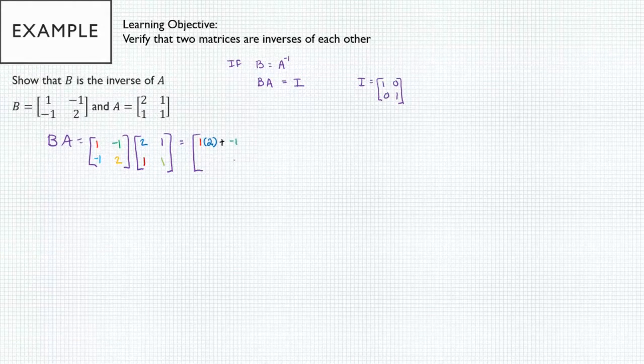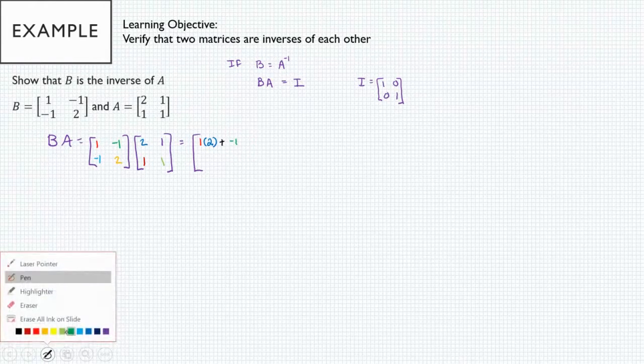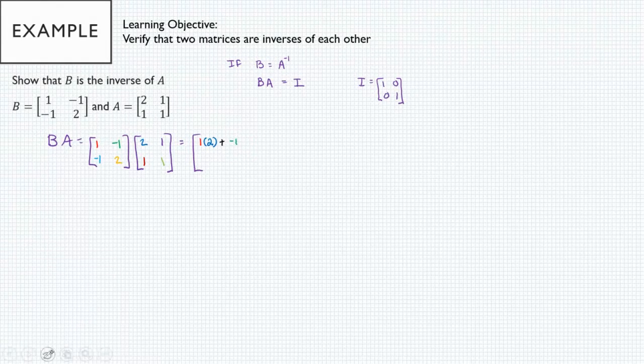So then I'm going to take the -1, and multiply it by the dark red 1. So if I go back to my highlighter, I took this row and multiplied it by that column. So it's 1 times 2 plus -1 times 1.